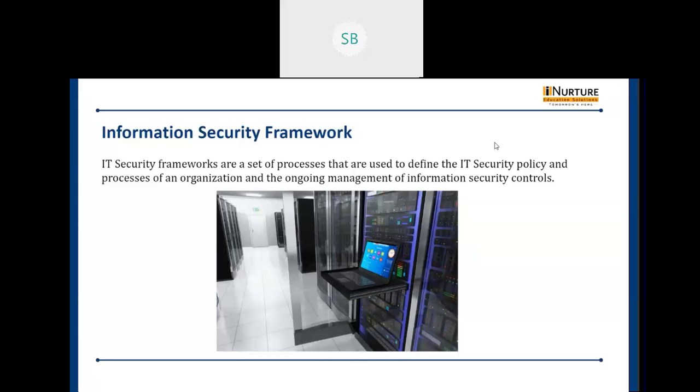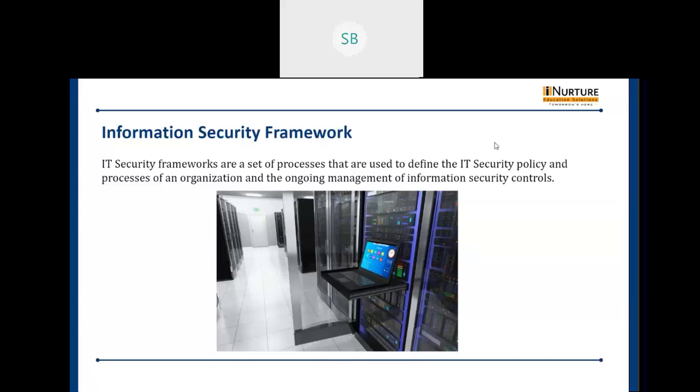As I just mentioned, for those people who joined late, the information security framework is a set of processes that defines the IT security policies and procedures. It will serve as a blueprint for the organization to identify the risk and to reduce the risk.